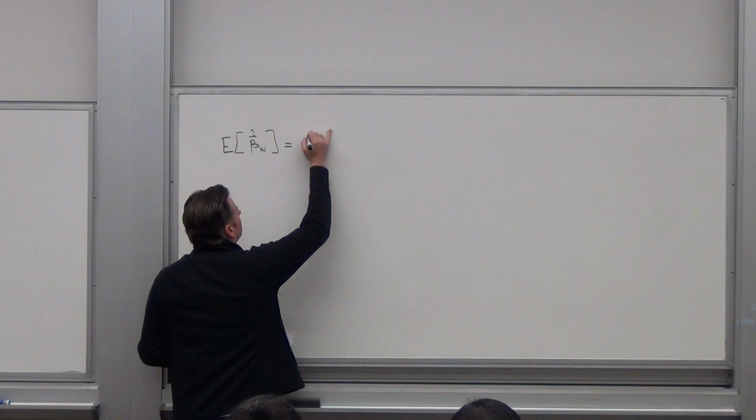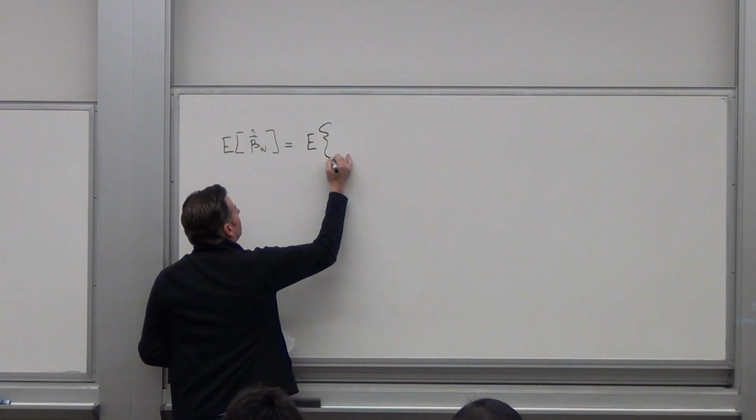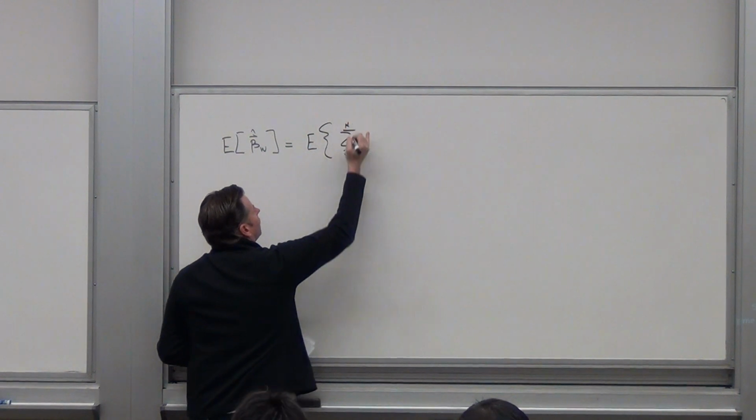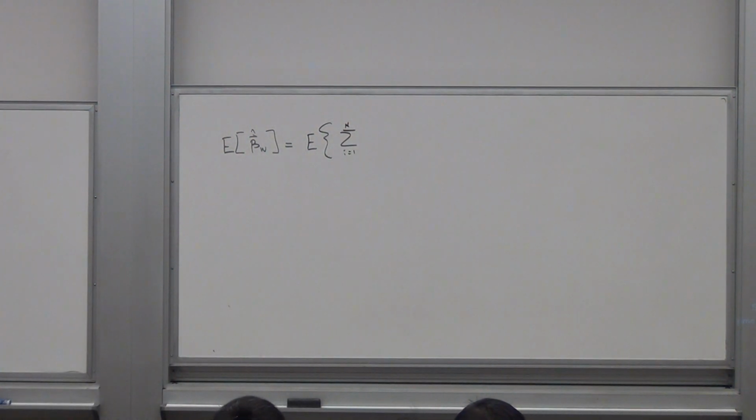Well, the first moment is going to look like the expectation of, again, it's a lot easier to think about things in terms of the independent sampling units and their contribution.